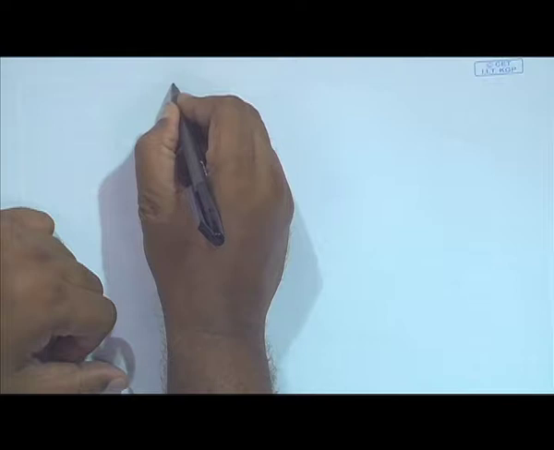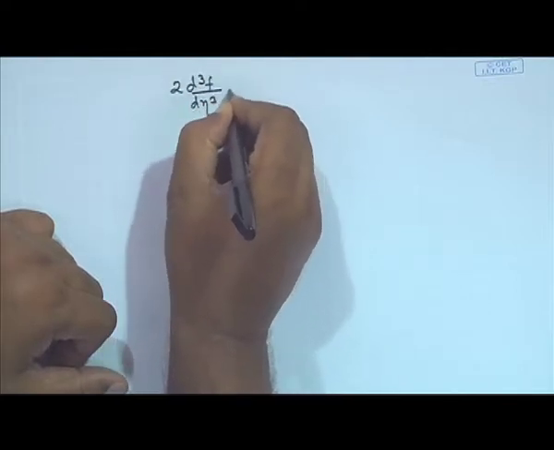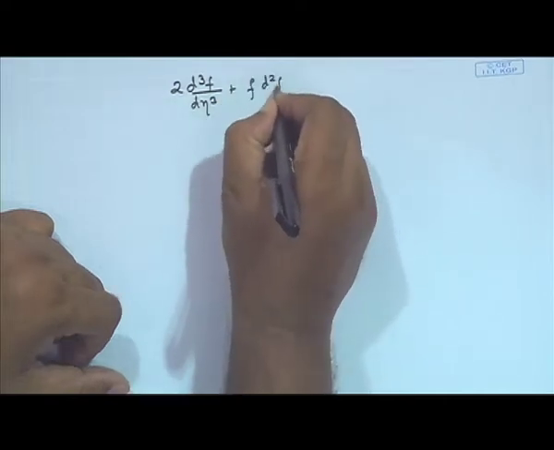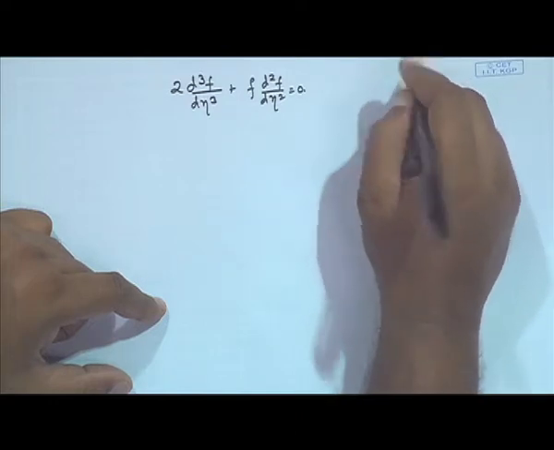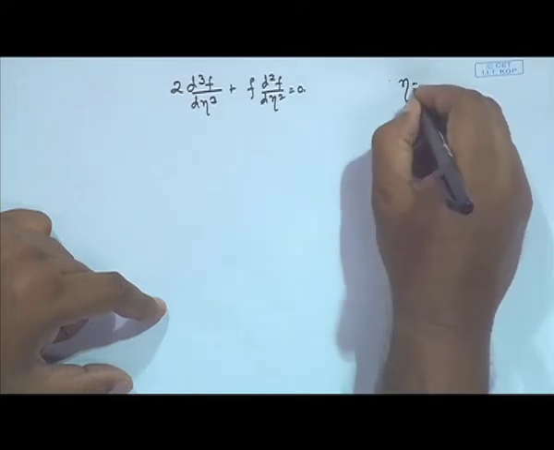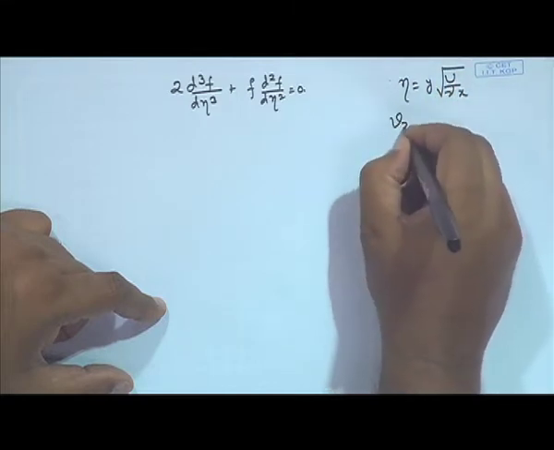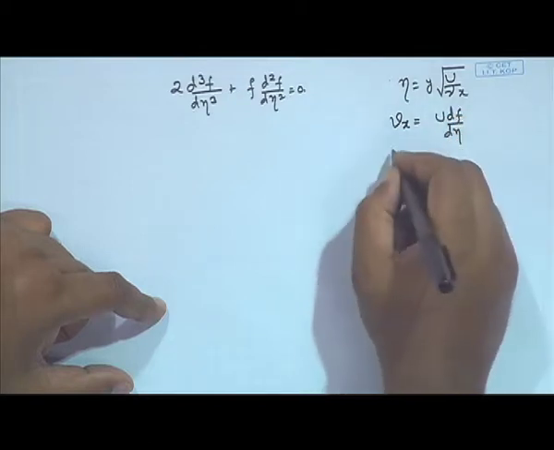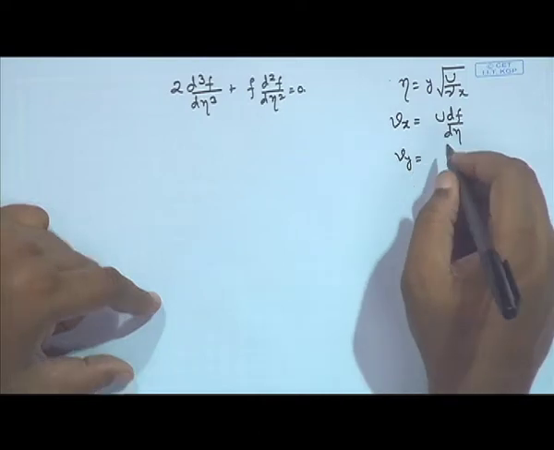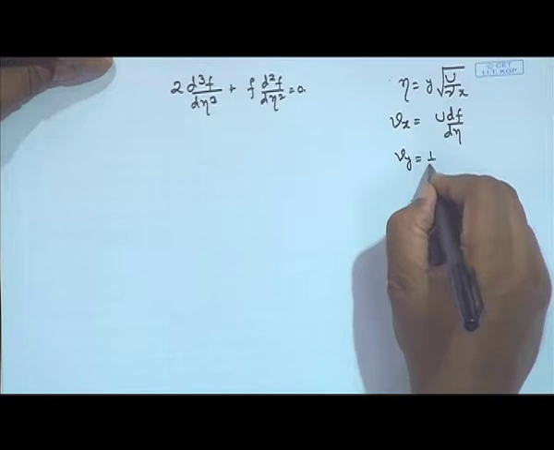So we are starting with this equation, the governing equation. We also know that eta is defined as follows, and we have seen the expressions of Vx to be equal to df d eta, and the expression for Vy to be equal to half of the following.